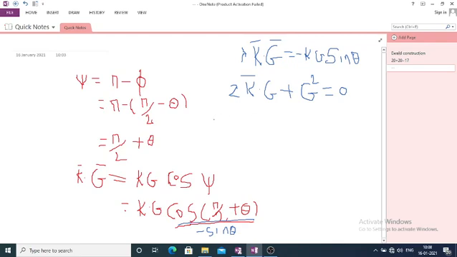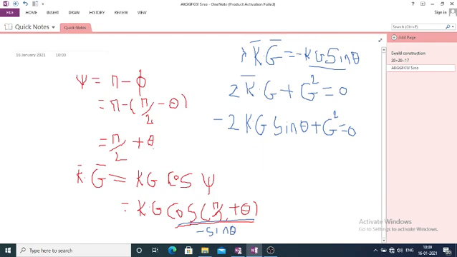So using this equation, we get minus twice kg sin theta plus g square is equal to 0.